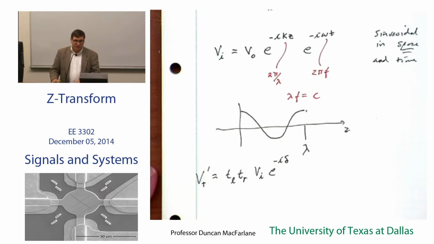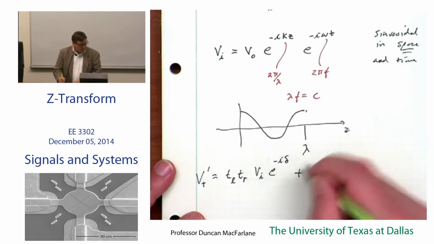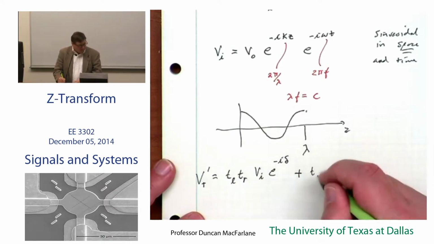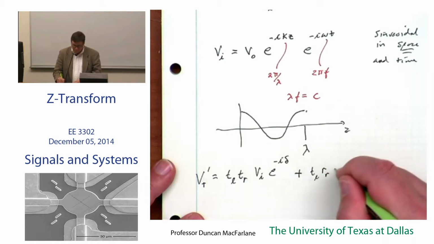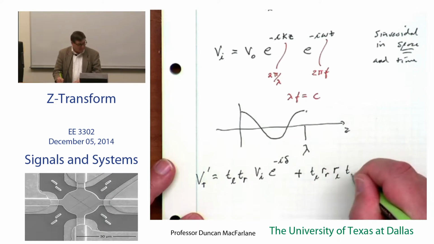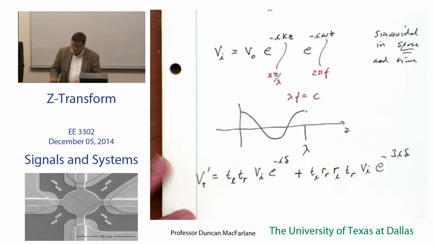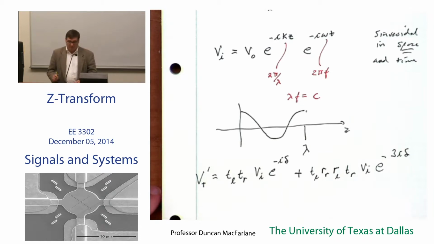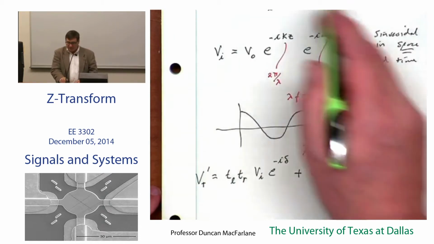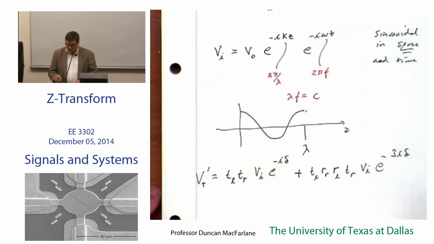Okay? Now I'm going to be a little bit sloppy here. I think this should be 3 I delta there. So my next term is delayed twice more, by this delay plus this delay and this delay. So e to the minus 3 I delta.